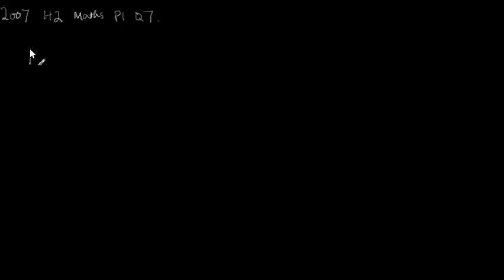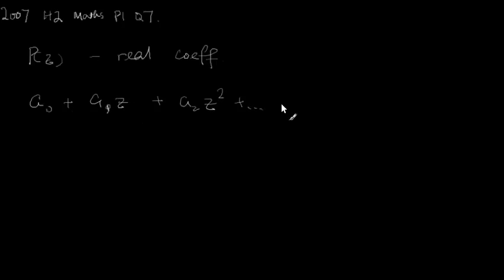So if I have a polynomial with real coefficients, let's say it's of this form: a0 plus a1z plus a2z squared plus dot dot dot plus an z to the n is equal to 0.